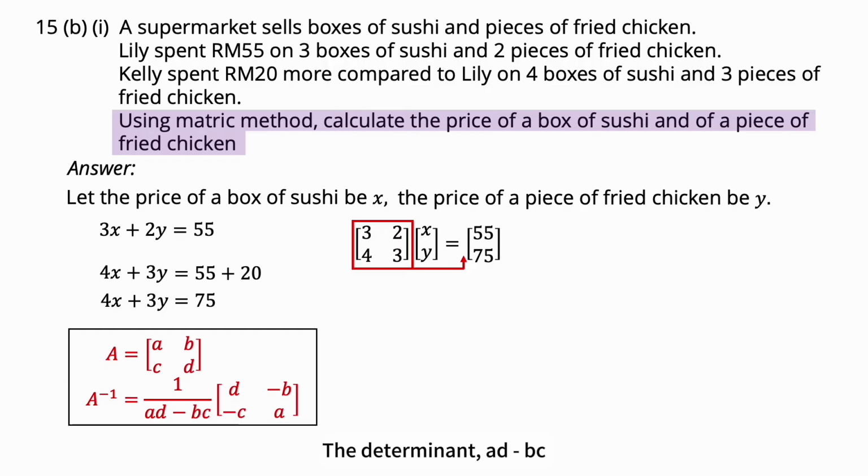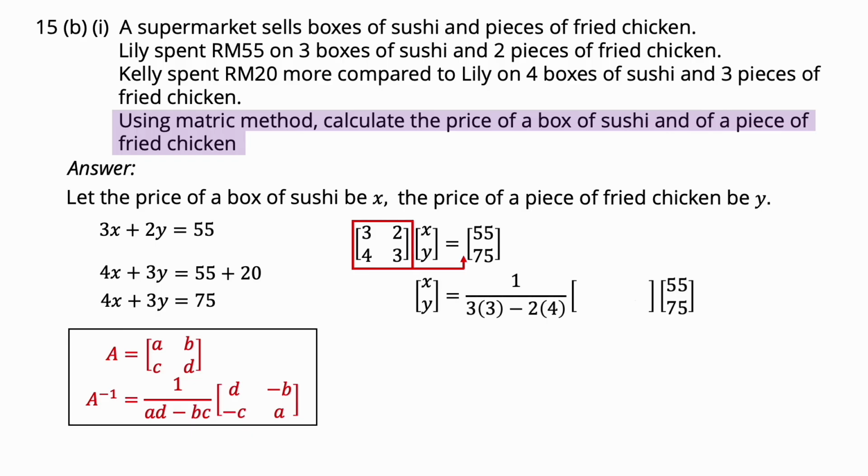The determinant, AD minus BC, 3 times 3 minus 2 times 4. Swap the elements in the main diagonal 3 and 3, and put negatives in front of 2 and 4, minus 2, and minus 4. We have the determinant, 9 minus 8, equals 1.